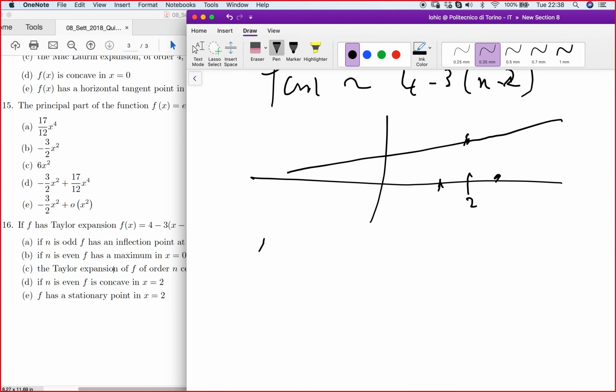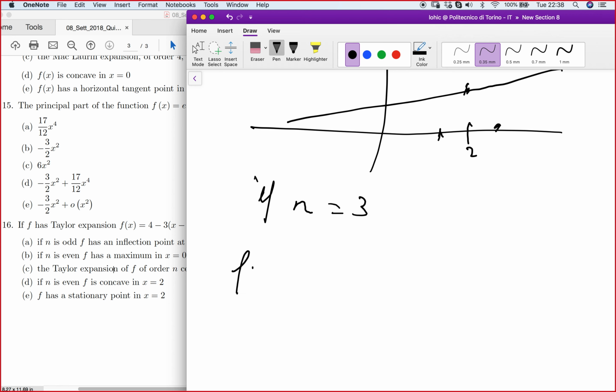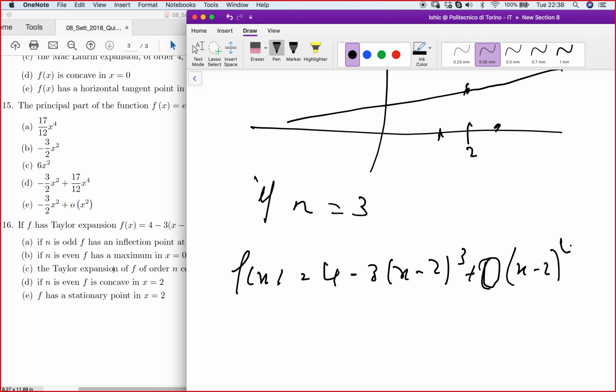But if, for example, n was equal to 3, at that point we will have f of x equal to 4 minus 3 times (x minus 2) cubed plus little o of (x minus 2) to the power 4.